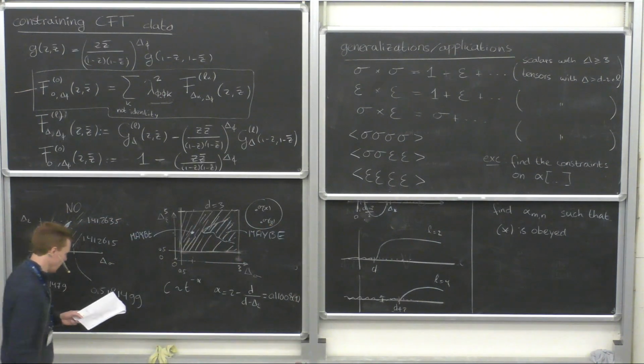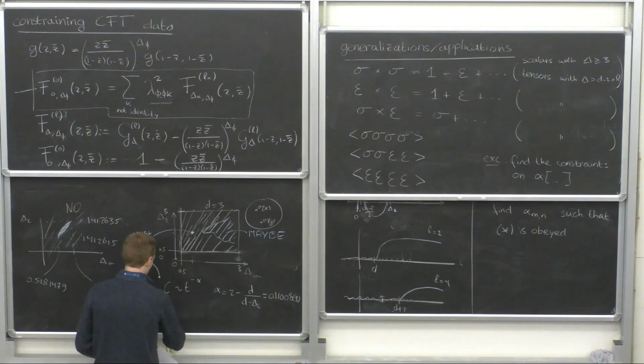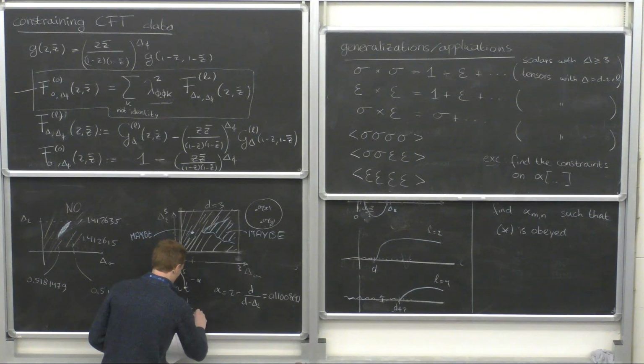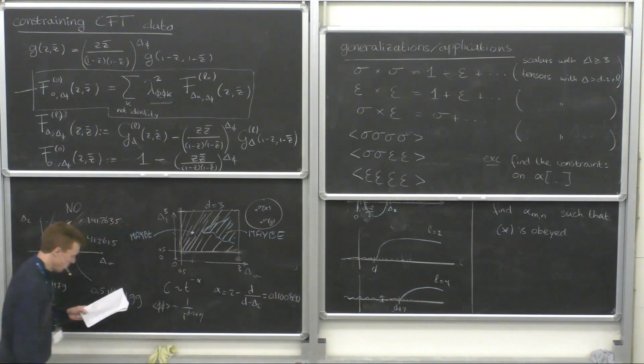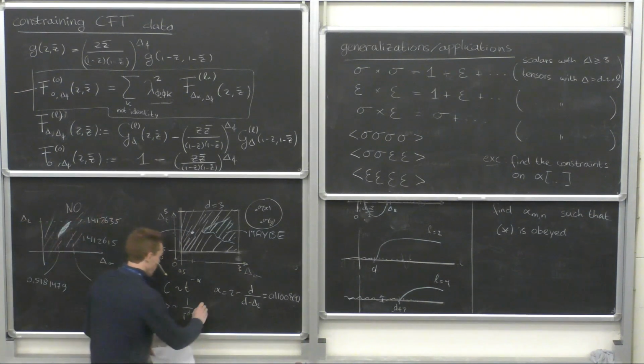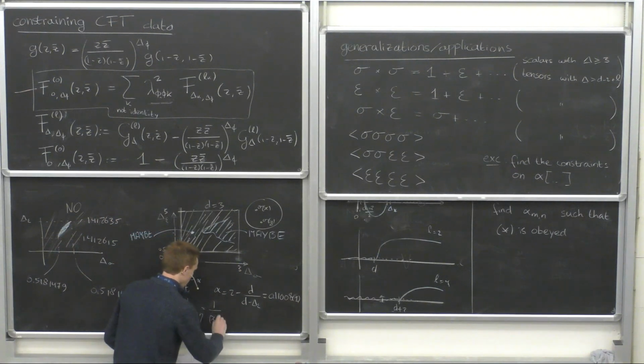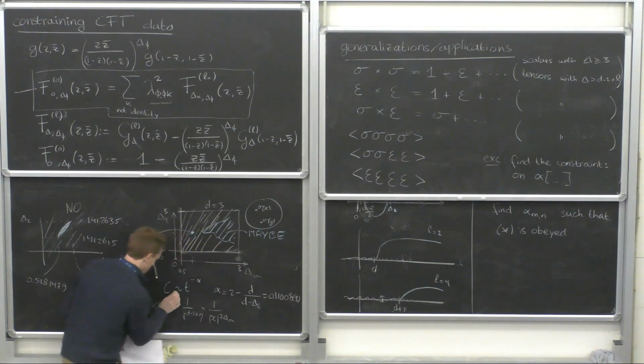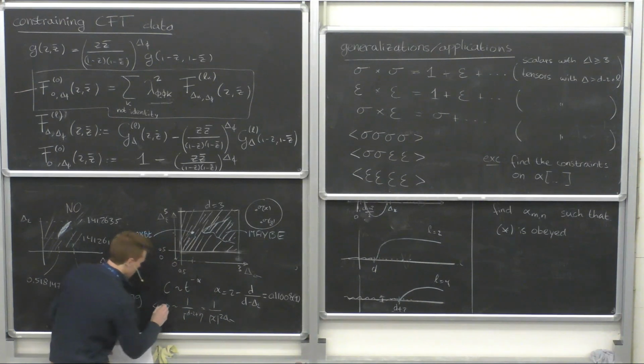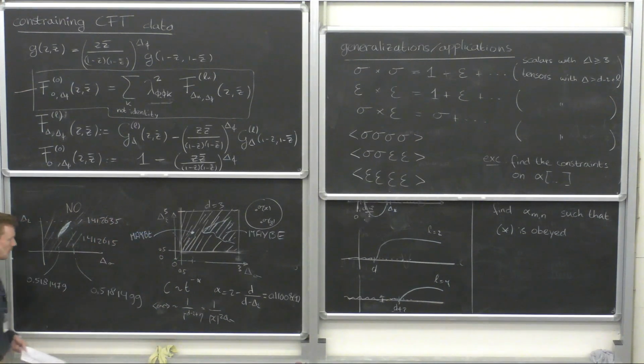And there are other critical exponents. So for example, the correlation function is supposed to be doing this. But here you recognize this is just a conformal field theory correlation function. So eta is basically just 2 delta sigma minus 1.